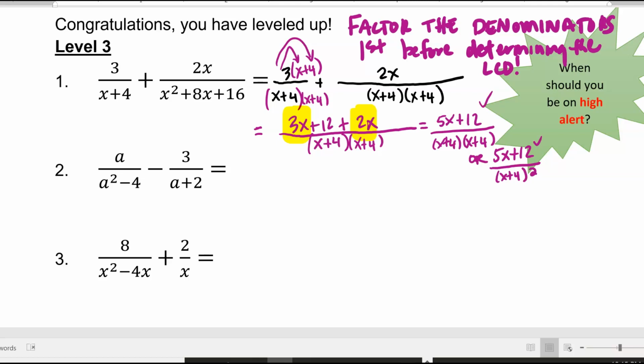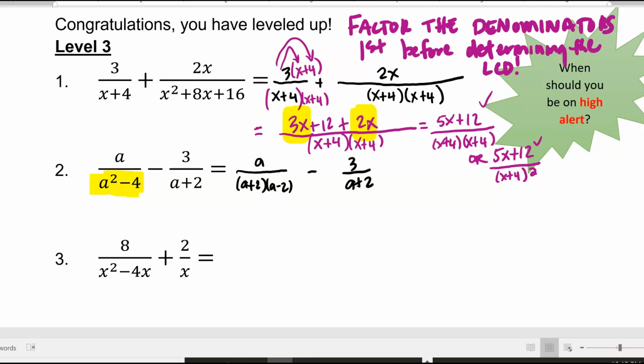Moving on to number 2, we have this denominator, which is factorable. So what you need to do is factor it. So the factors of a squared minus 4 are a plus 2 times a minus 2. And so what is the LCD?